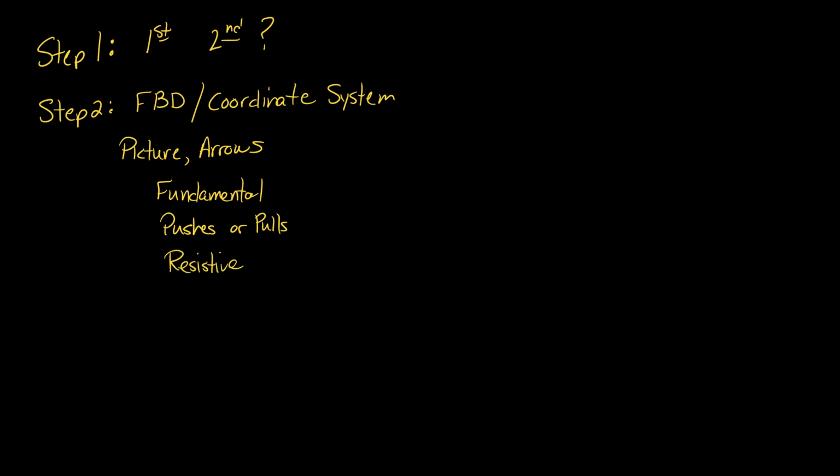That's kind of how they're broken down. There are other names in there, but that's really what it is. And then the coordinate system, well, that's for you. That's to help you.